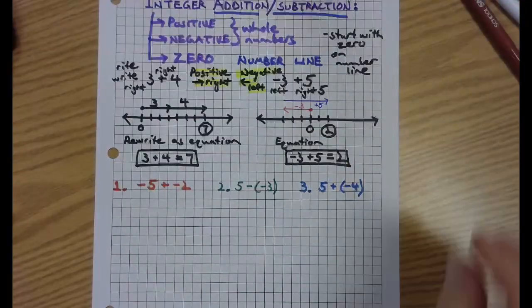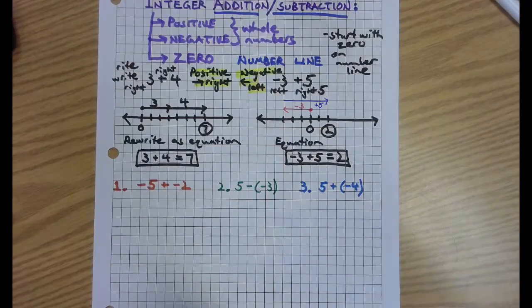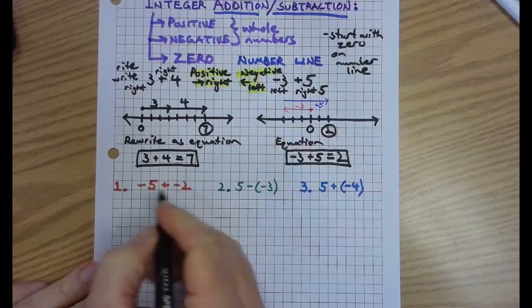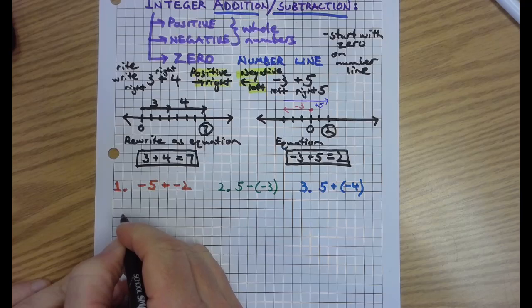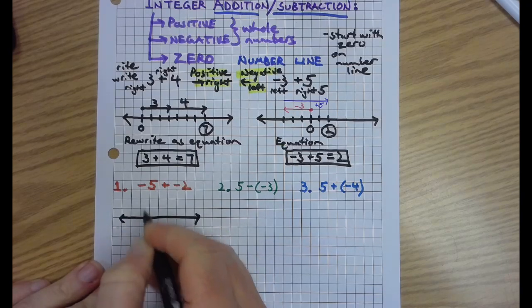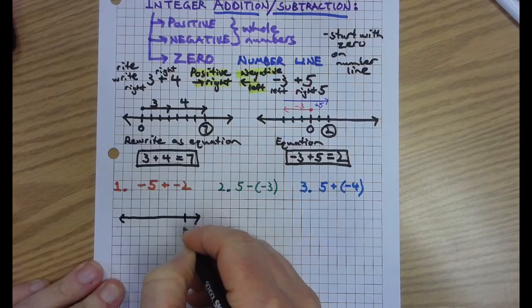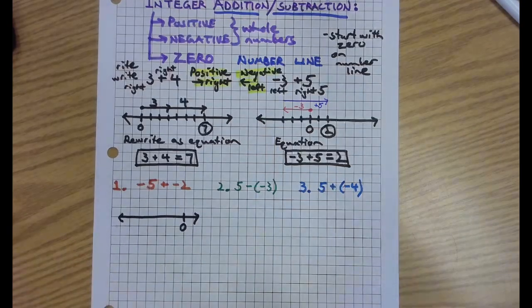Hey, we're back. Here we go. Step 1. These are going to be going both left, so my number line, I'm leaving plenty of room above and below so I can document everything. But since I'm going all left on this one, I'm going to put my 0 at the right.